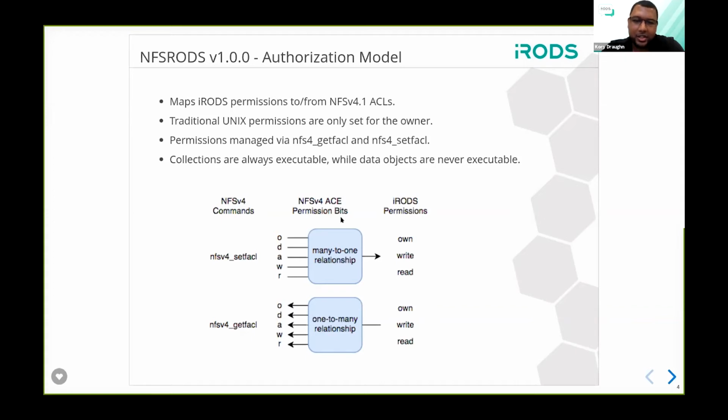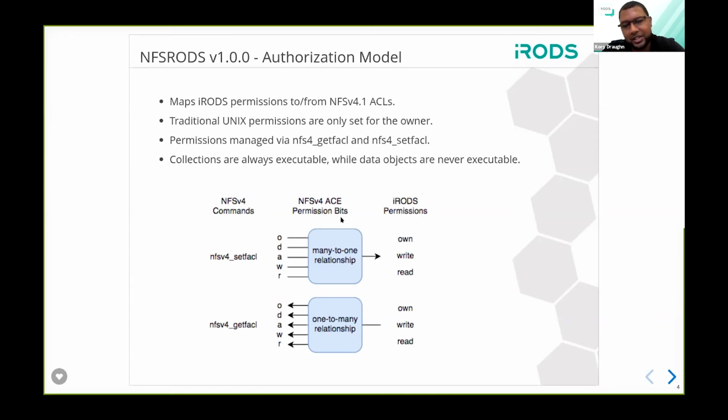Basically, collections are always executable while data objects are never executable. The reason collections are always executable is because iRODS, just using iCommands, allows you to navigate anywhere within a zone, assuming you can reach that zone or you know the path. iRODS doesn't let you search around and figure out the landscape, but if you are aware of a particular path, then you can always navigate there.